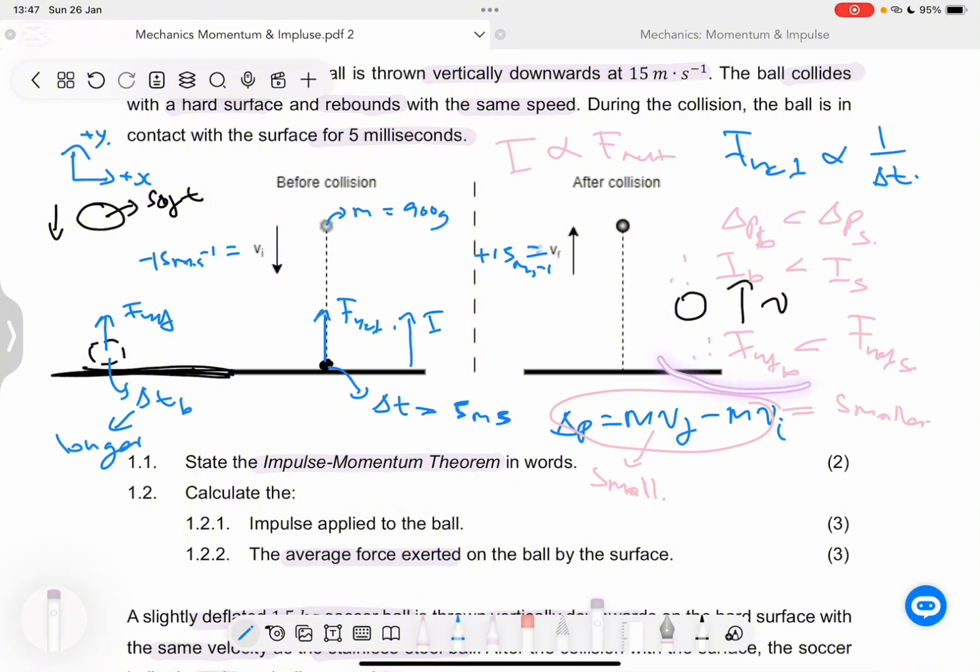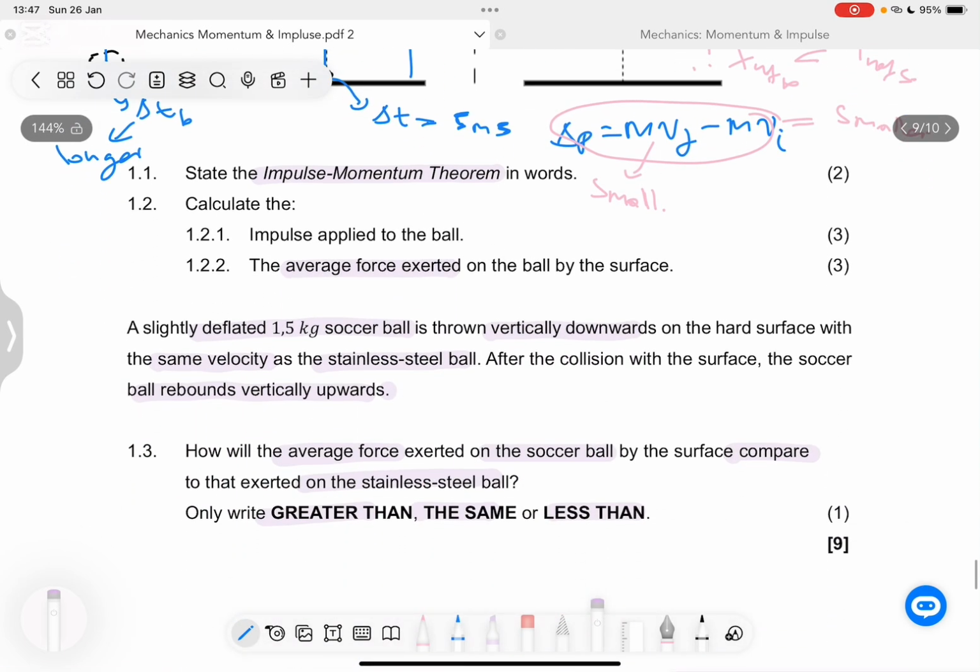So that's how we say the force of the soccer ball is less than that of the stainless steel ball. That's another way of doing it. It needs a bit of practice. That's why I didn't start with it. I think the first one is a much simpler way of looking at this question.